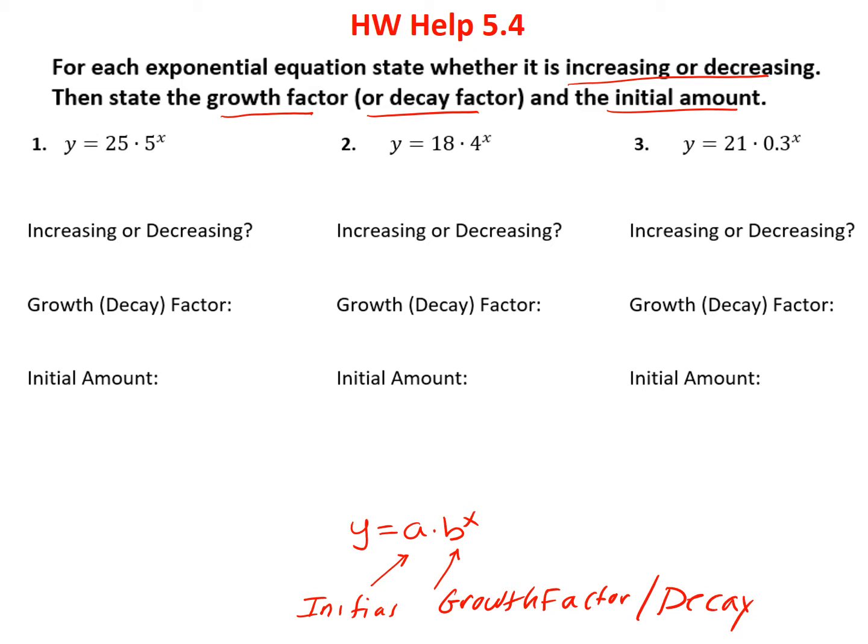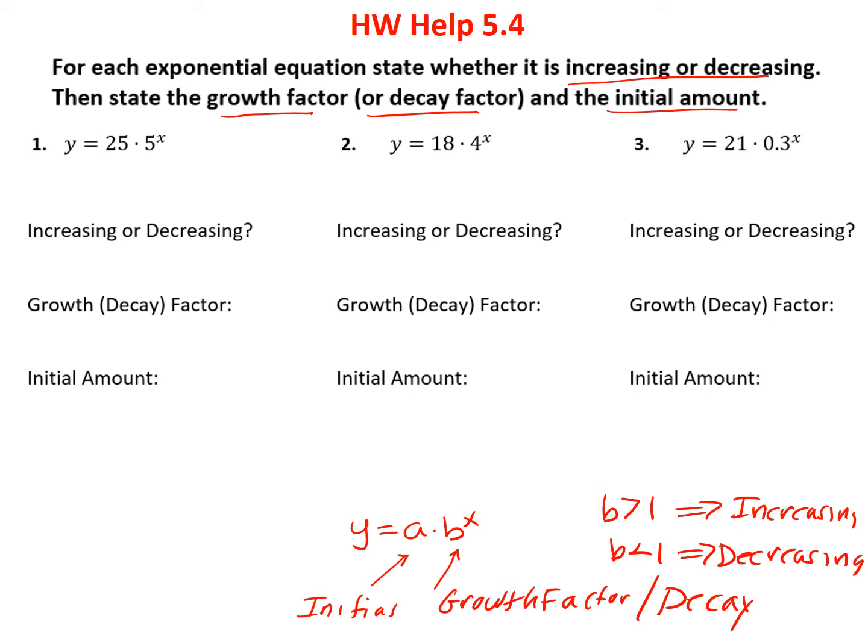Now, the way you know is if b is greater than 1, then it's increasing. But if b is less than 1, then it's decreasing. Okay? So that's all the information you need to solve this.